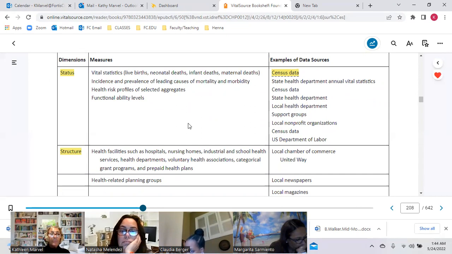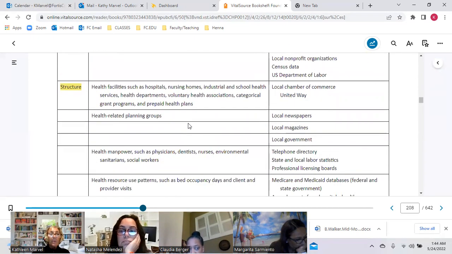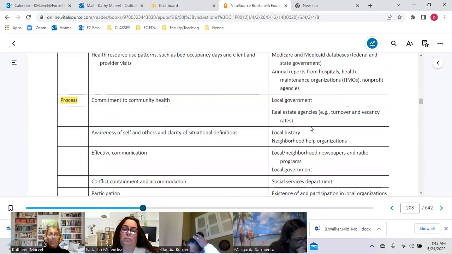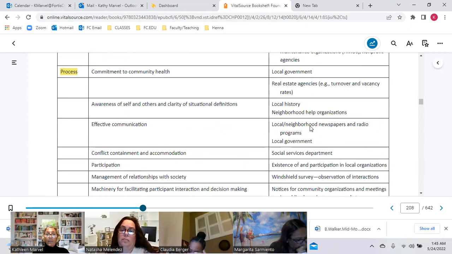Okay. What's the structure? What's the community made up of? Hospitals, nursing homes, schools, health departments. Okay. And again, over here, some places to get that information. And then the process. How does the community function? Right?